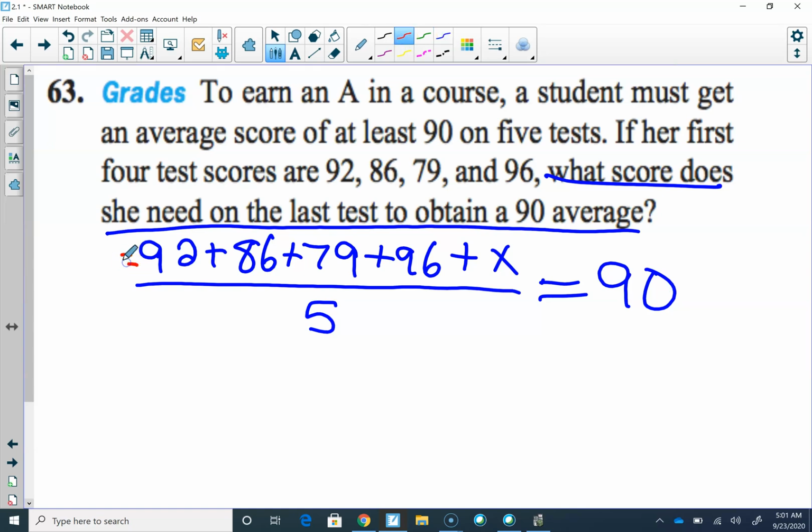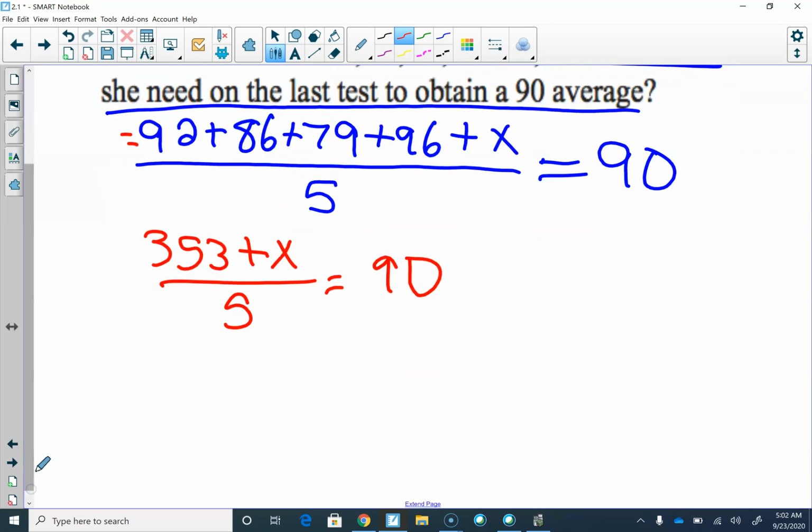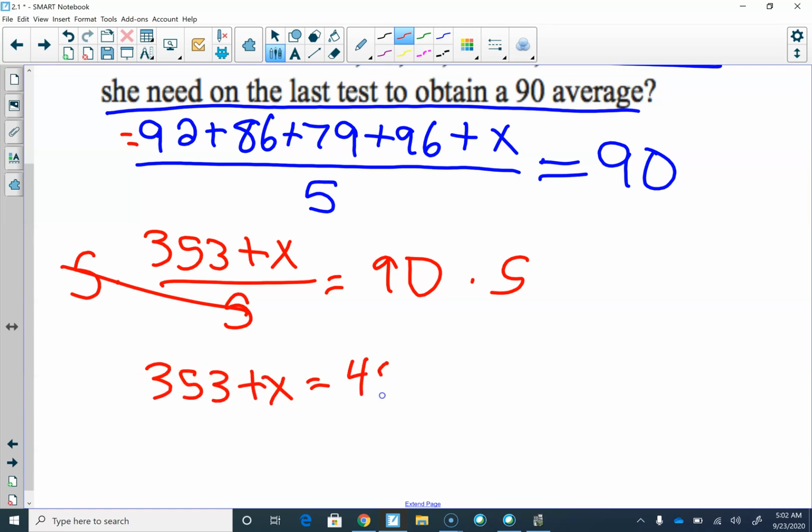And then we have to know how to solve this. So the top number ends up to be 353 plus x divided by 5 equals 90. And then my next one I'm going to do is I'm going to multiply by 5. The first thing I want to do is get the 5 out of the denominator. So I end up with 353 plus x equals 450.